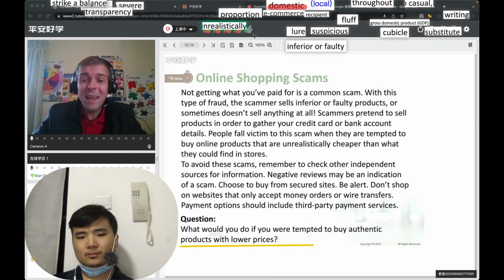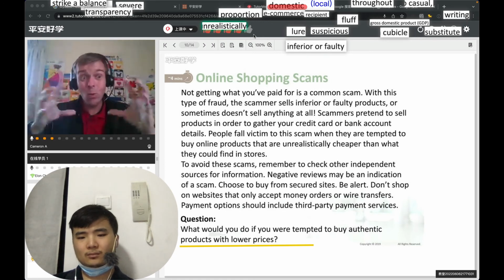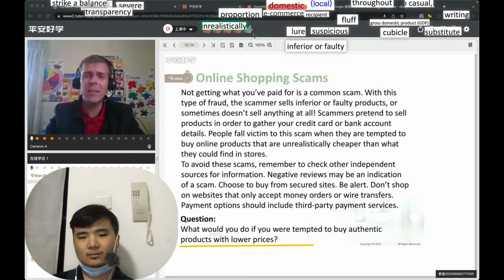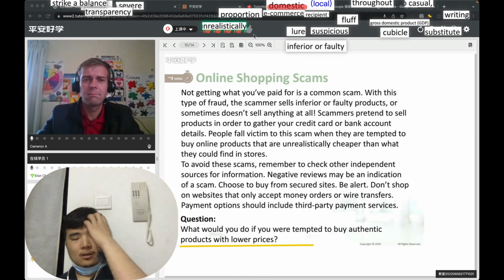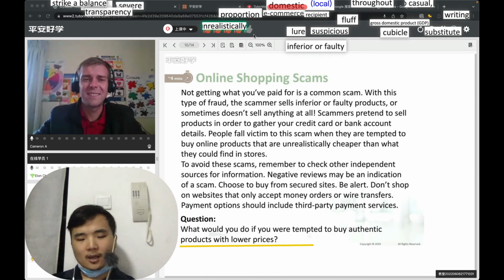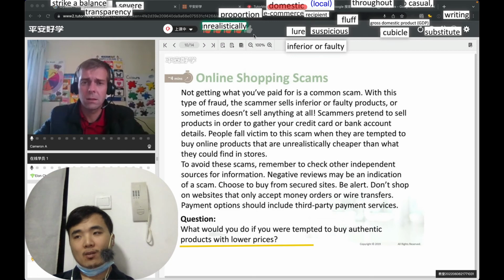Would you be tempted to buy an original product if you saw it was at a much lower price? Yes, why not? Sometimes. If I'd like to buy something online, I will compare a lot of websites.